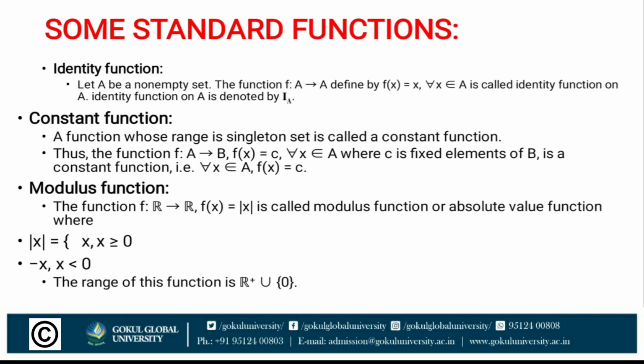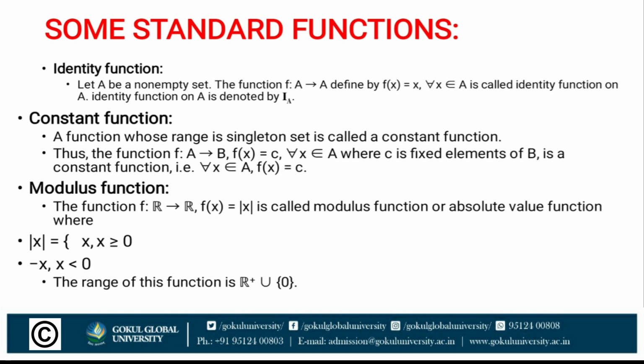Some standard functions. Identity function is defined on a domain to the same domain, where f(x) = x, and is called an identity function. Next is the constant function, where f(x) = c, where c is a constant. This is called a constant function.